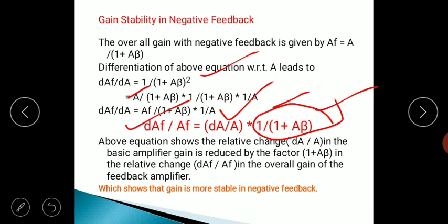So this equation shows that the relative change dA by A in the basic amplifier is reduced by a factor of 1 plus A beta in the relative change dAF by AF in the overall gain of the feedback amplifier, which shows that the gain is more stable in a negative feedback amplifier.